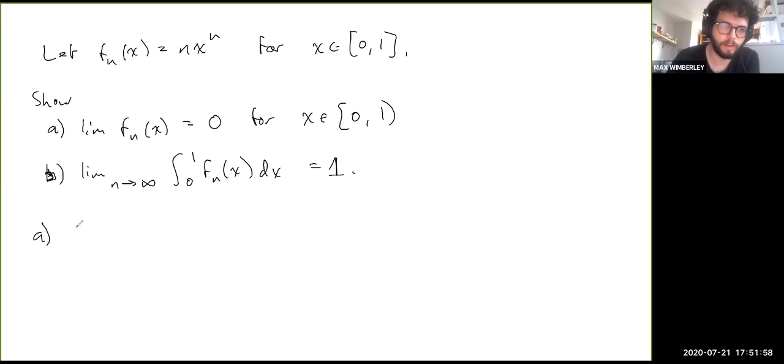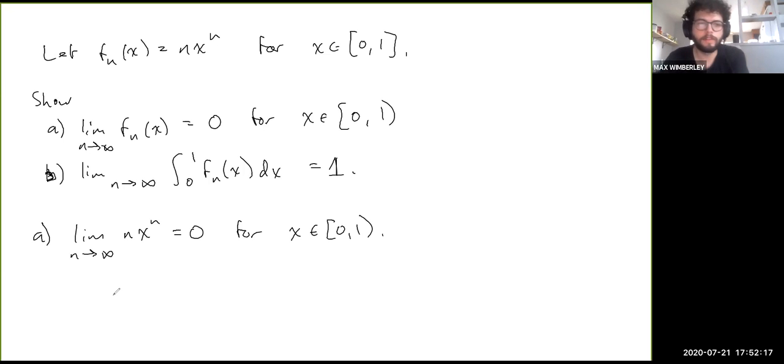Right, so we want to say the limit of n x to the n equals 0 for x. This is, of course, the limit as n approaches infinity, for x in [0, 1), right?